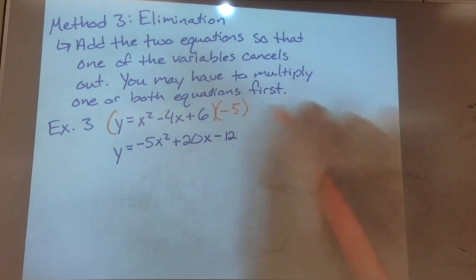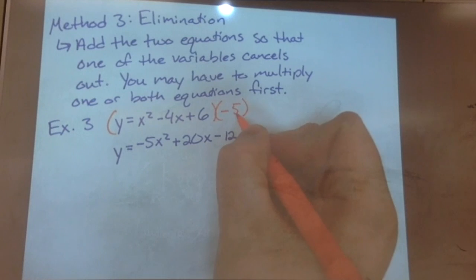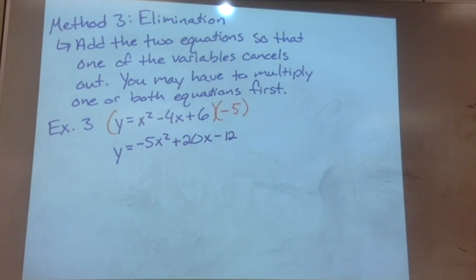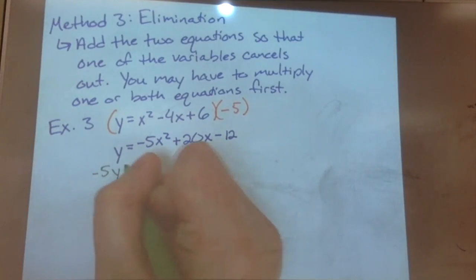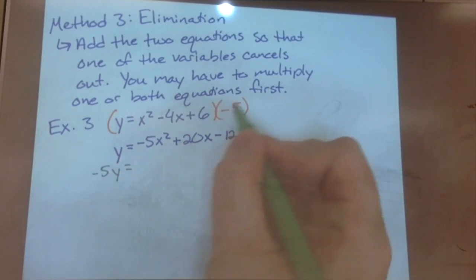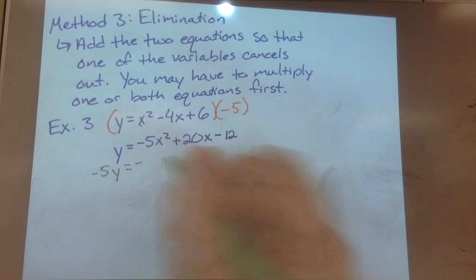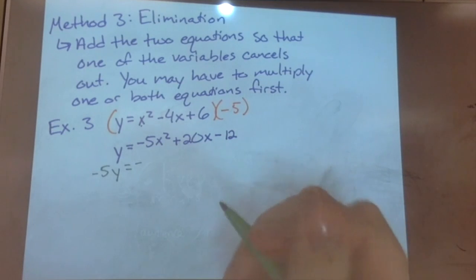And let's see what happens when I multiply it by a negative 5. Okay, so negative 5 times y, well, that's going to be a negative 5y. Negative 5 times x squared, it's going to be a, oh, that should not be a negative.